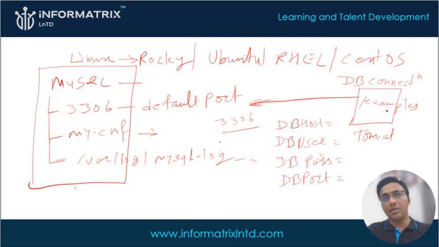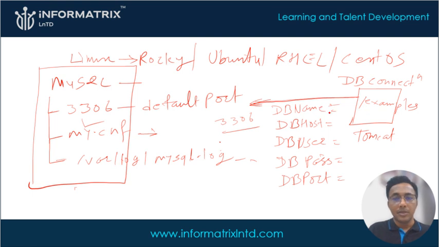Whenever a developer develops an application and wants to connect to the database, the connection properties are always set like this. It requires the DB host, for example the IP address or the host name of this MySQL server, and the user who is responsible for accessing the database. One more important component is the database name.